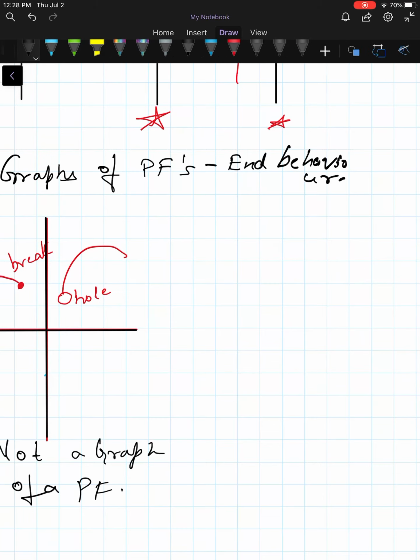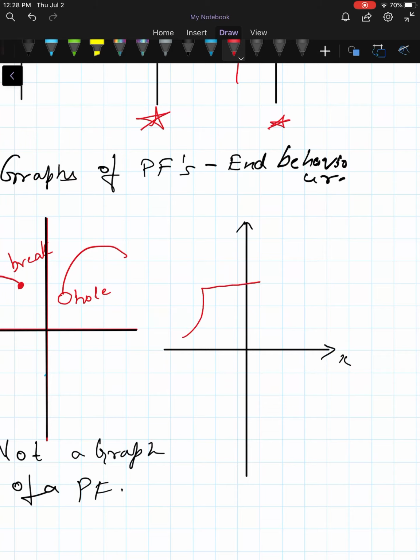Okay, the same thing applies to what I said with the corners and cusps. What is a cusp and how does a corner look? So let me draw a corner.